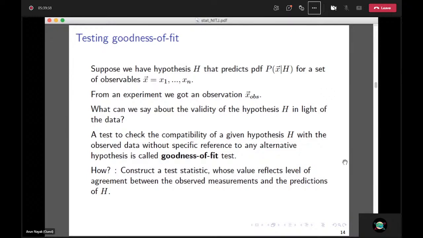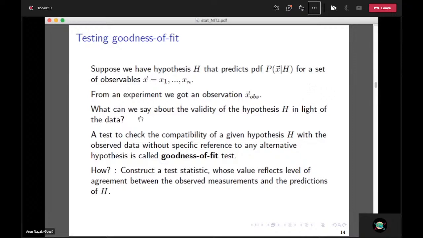Now let me come to this. We said how to test one hypothesis against another, but suppose we are given only a hypothesis H, with the PDF P(x|H) for a set of observables, and we do not have any alternative hypothesis. We have some observation from the experiment, x observed.